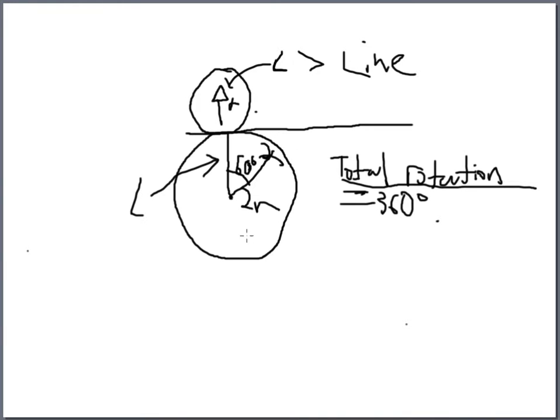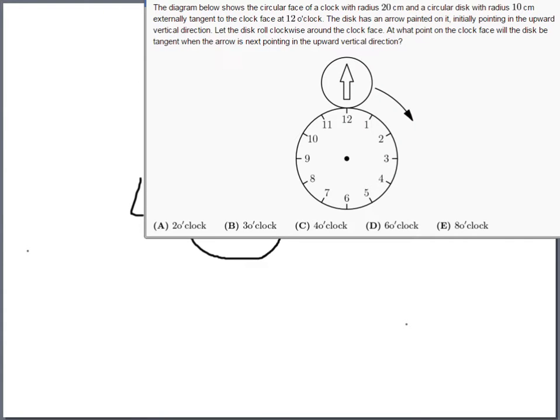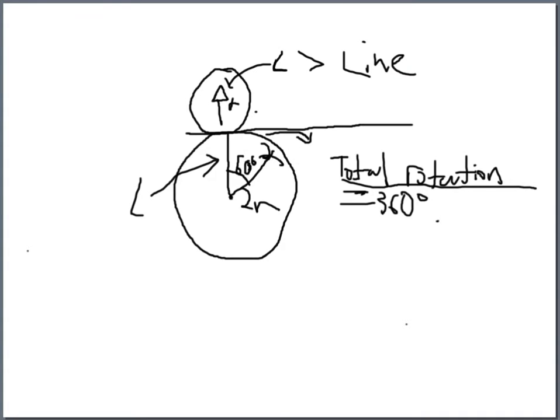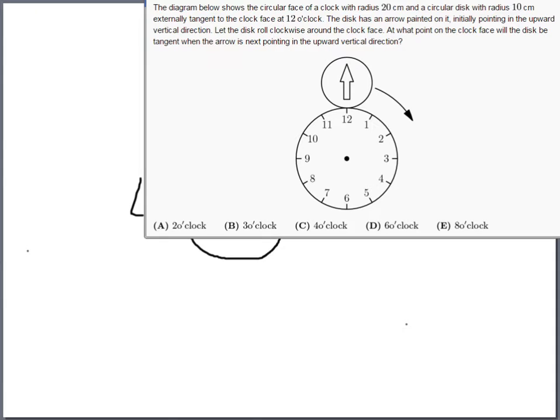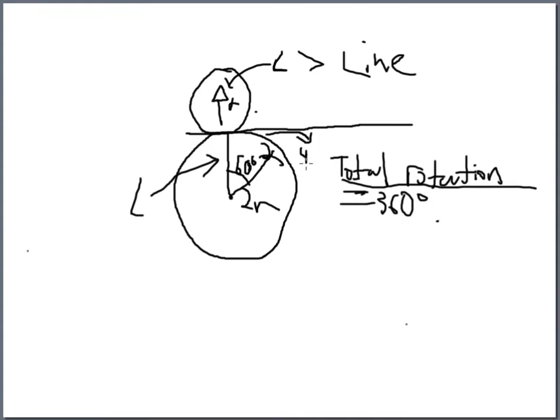Now we're going to try and convert these degrees into the degree for this one. This arc is going to give you a length of 40 pi over 6.